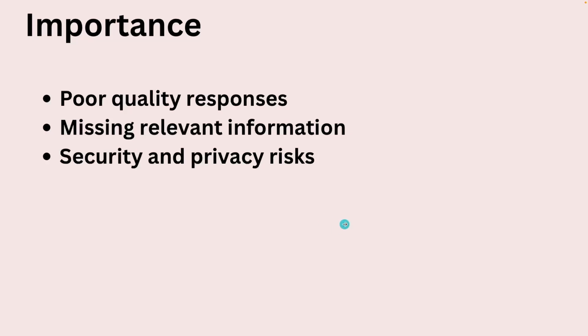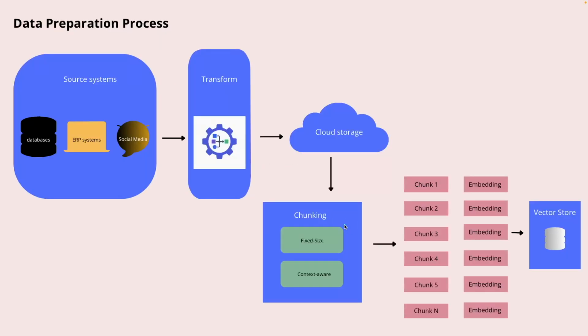Now let's look at the data preparation process. If you are in the ETL world, you might know the complete data cleaning, cleansing, and standardizing process. This is what is given here on the left-hand side. The ETL process has to pull the data from multiple source systems.